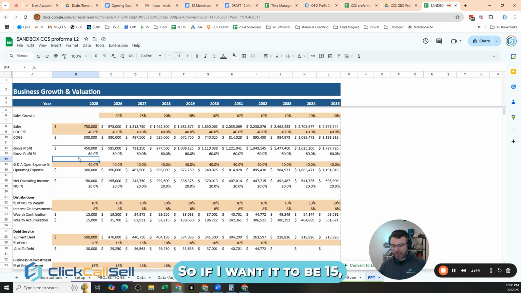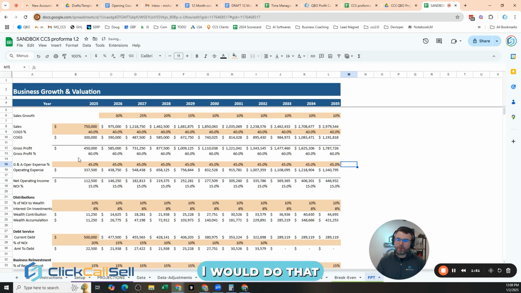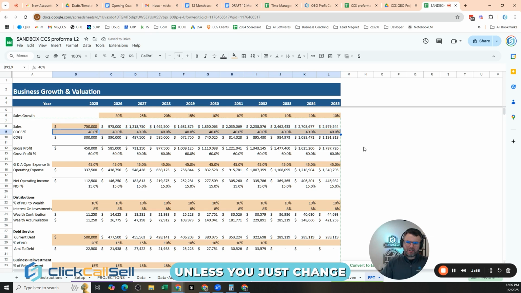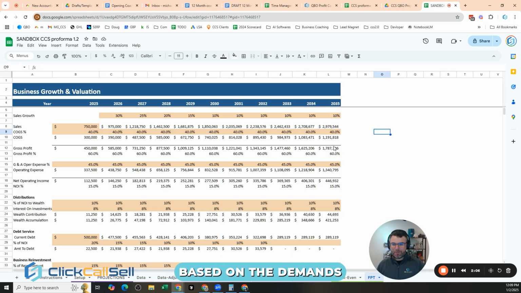So if I want it to be 15, I would just do 45% right here, and you see all the math just kind of works out. So if I want to target a 15% net profit, I would do that as long as you know your cost of goods sold. Cost of goods sold stays pretty consistent unless you change the mix of services or the type of service that you're doing. Your cost of goods sold for your industry and your service mix is going to be relatively the same because you should be raising your price based on the demands of your service.